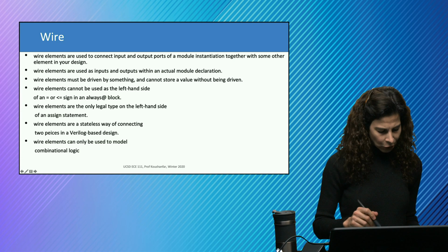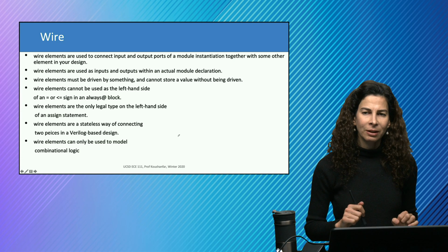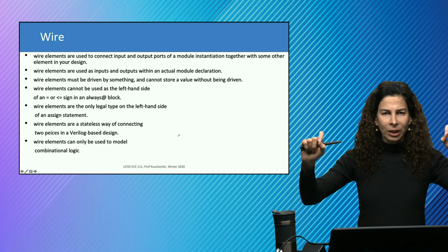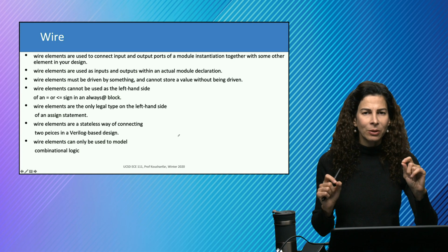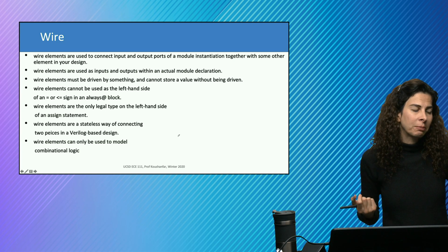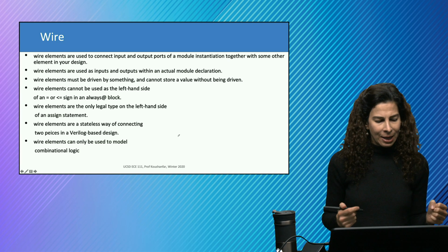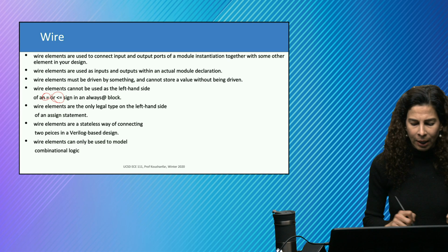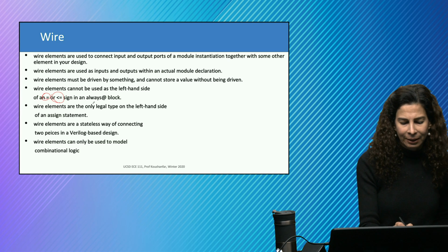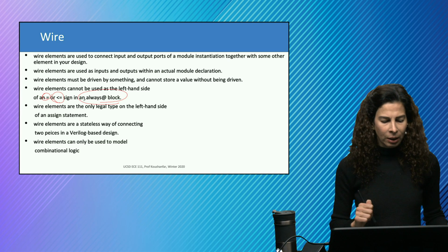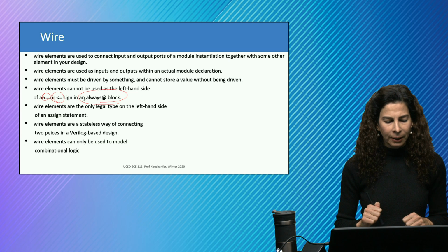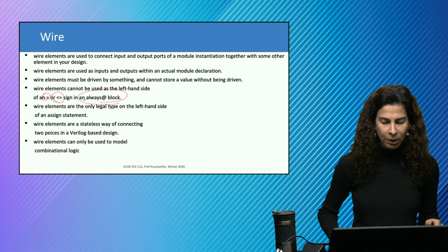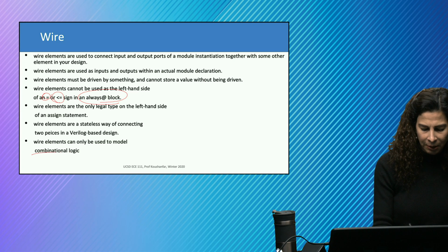The wires, which are the most representative of the net family, are basically, again, used for connections. They cannot store values. They cannot be used on a left-hand side of an equality or any assignment in an always block. So they're stateless, and they can only be used for modeling the combinational logic.